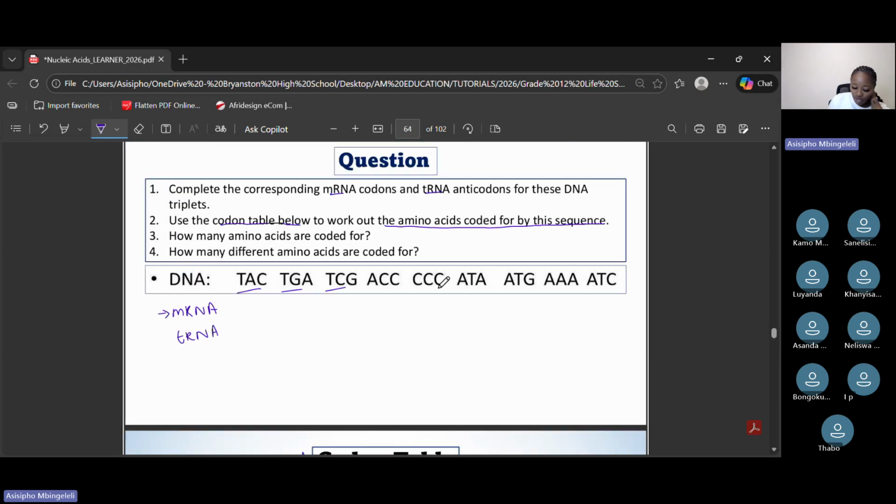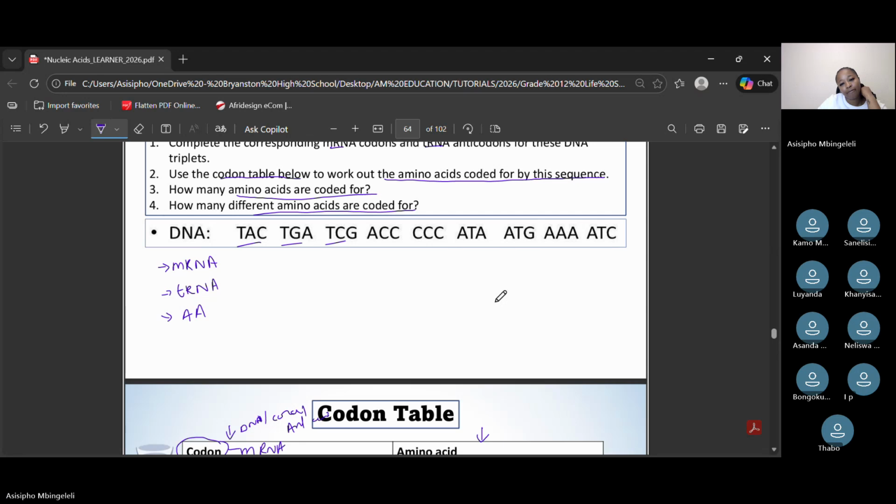Question 3 is asking you, how many amino acids are coded for by this section? How many different amino acids are coded for? Meaning you will have the messenger RNA, transfer RNA, and then you need to have the names of the amino acids because that is number 2, then number 3, and number 4 you can answer.